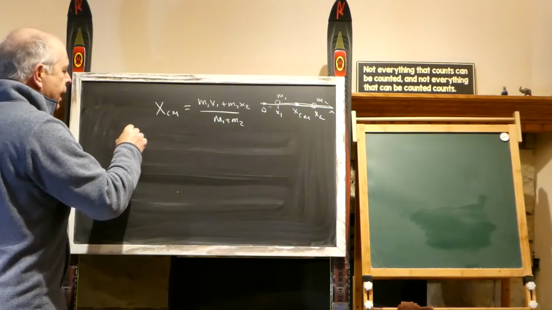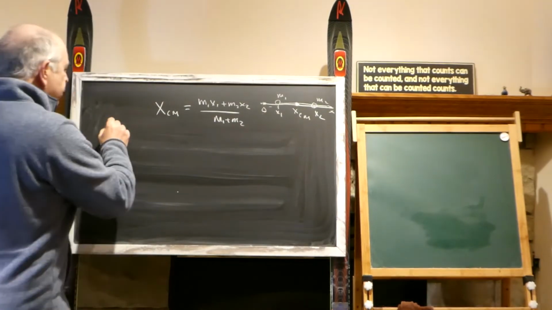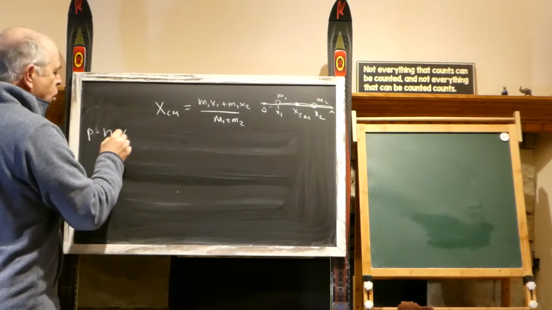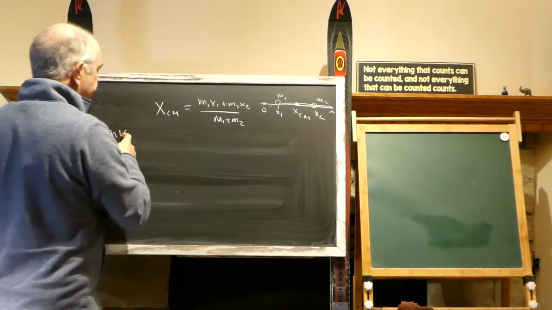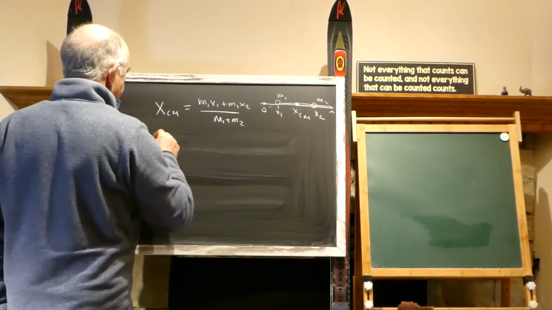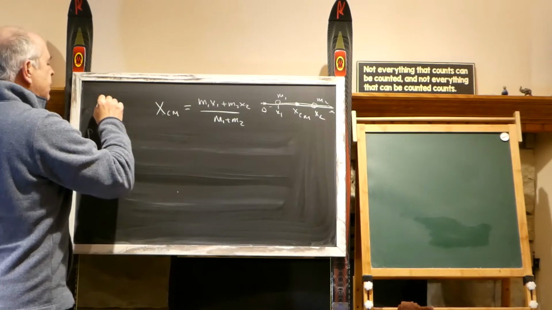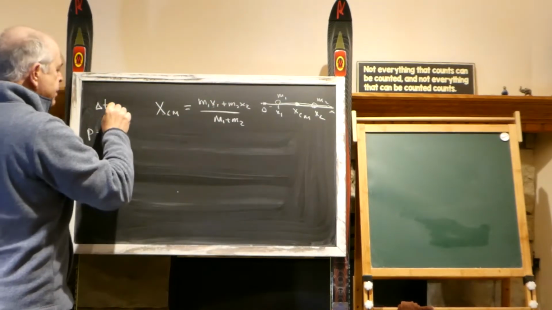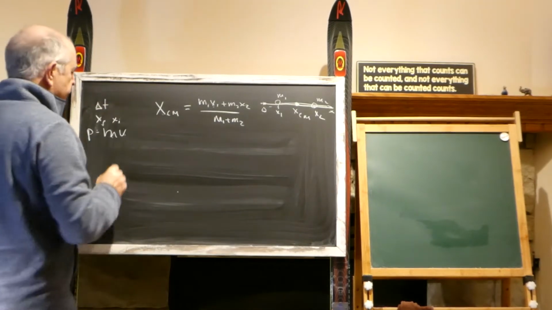So basically, momentum deals with mv, this is momentum. So we have to move from coordinate to velocity. And how do we do it? We take a small time delta t, and for all of those x's we will be dealing with two values, x final and x initial.